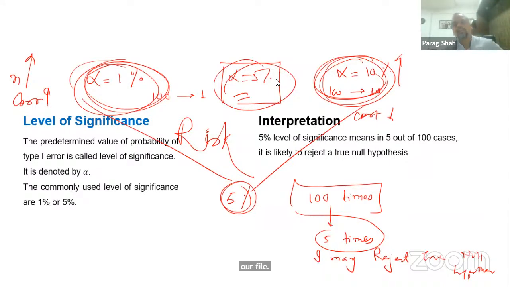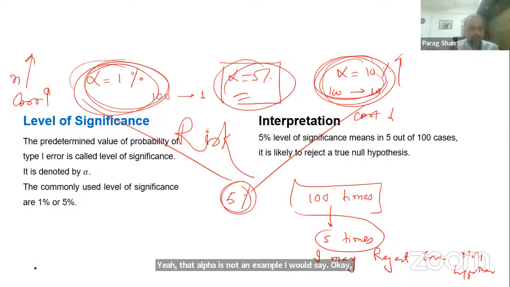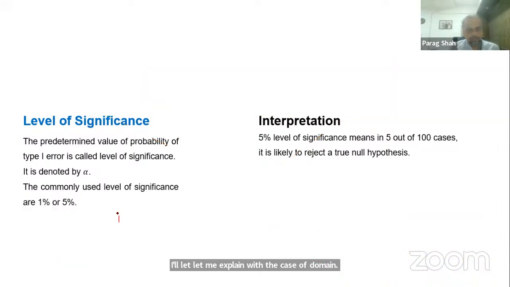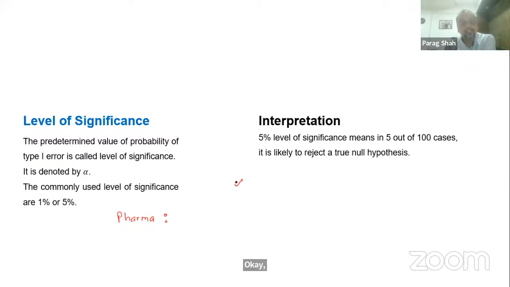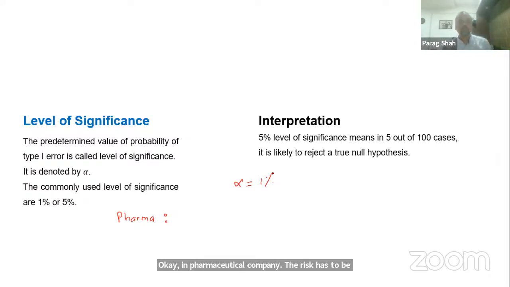Yeah, Prashant, that alpha is not an example, I would say. Let me explain with the case of domain. When we are going with a pharmaceutical company, the risk has to be minimum, even less than 1%, because we are dealing with humans in pharma. We are giving drugs, medicine. Here they are investing crores and crores of rupees in research.